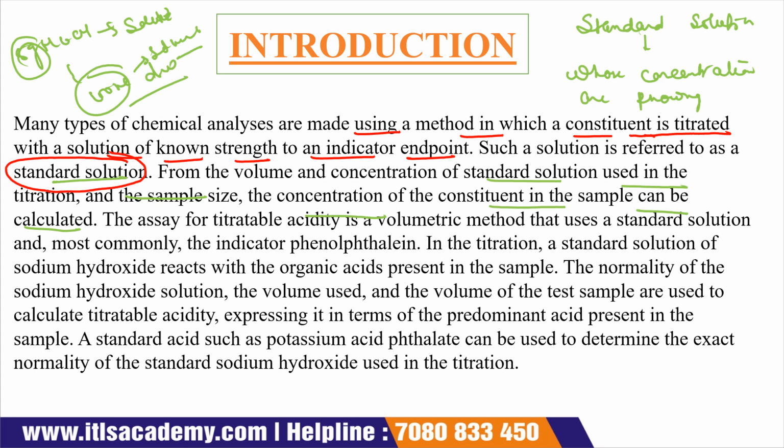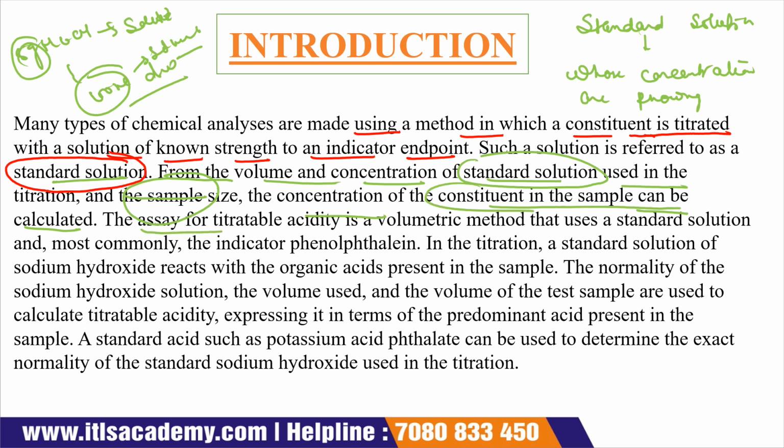With the help of the volume and concentration of the standard solution which we use in the titration, and the sample size, we calculate the concentration of the constituent in the sample.